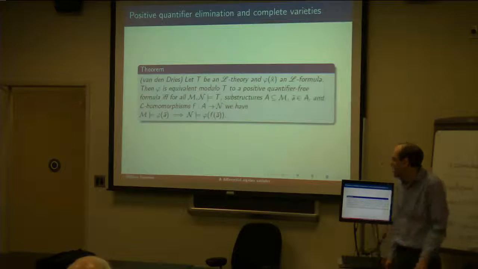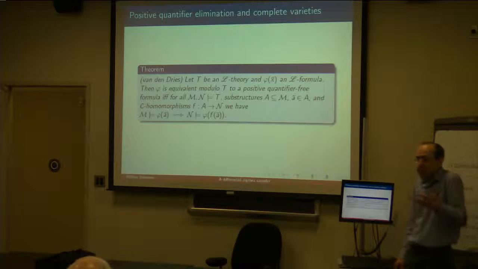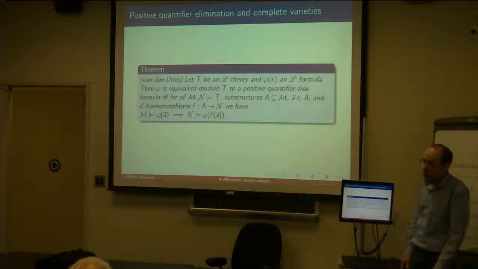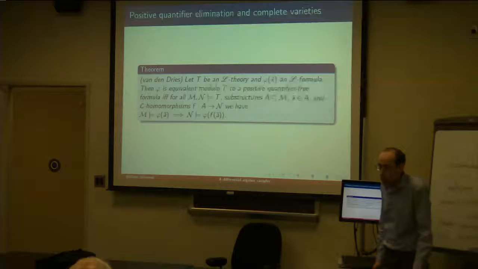In this case that means weak homomorphisms, so if we have relations in our language, we just need them preserved in the forward direction. Then you can eliminate the quantifier, and there's an equivalent formula without negations for defining it. So of course this is what we're interested in here, because we're interested in sets defined by polynomial equations.